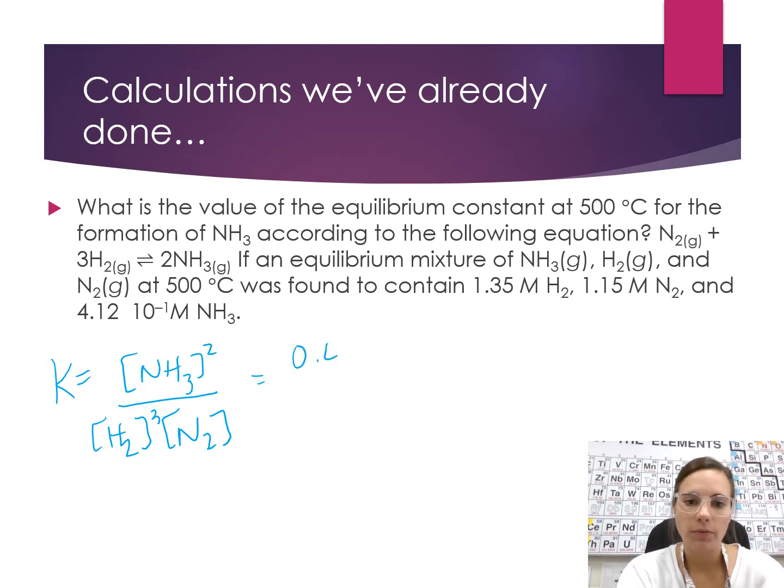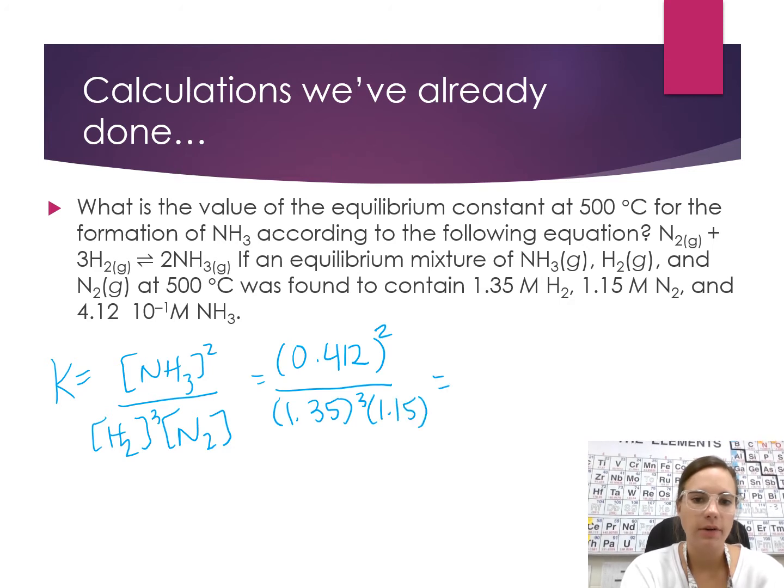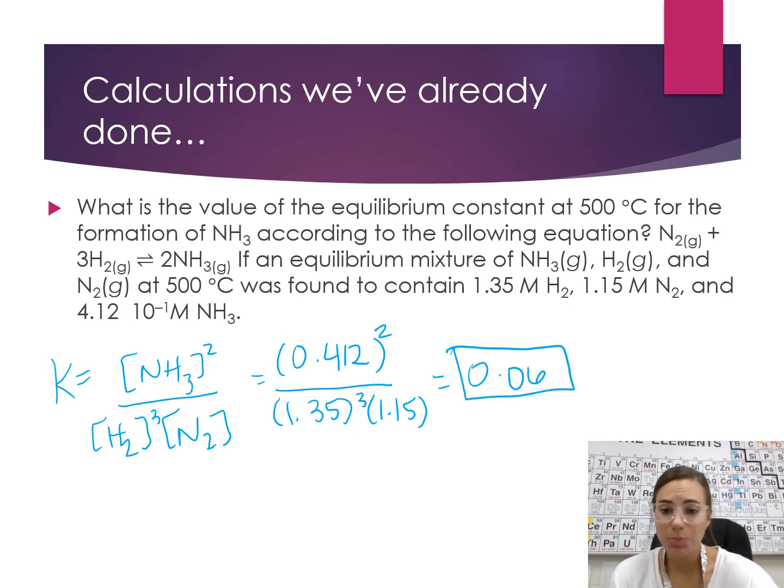So 0.412 squared over 1.35 cubed, 1.15. And when I simply do that math, I get 0.06. Super simple, plug and chug. We've been doing this since the beginning of this unit.